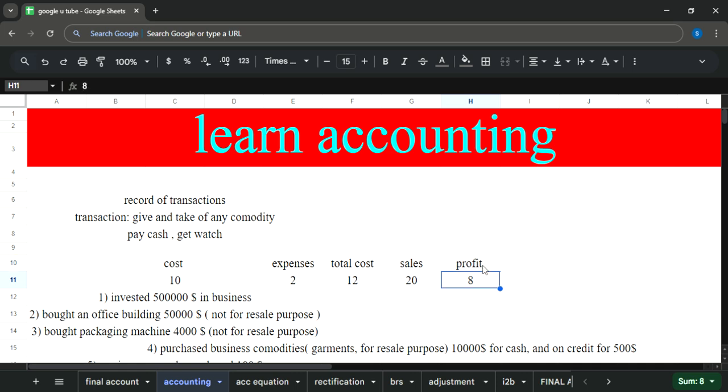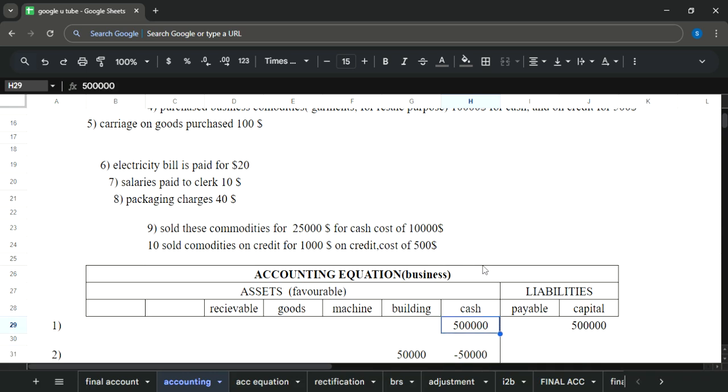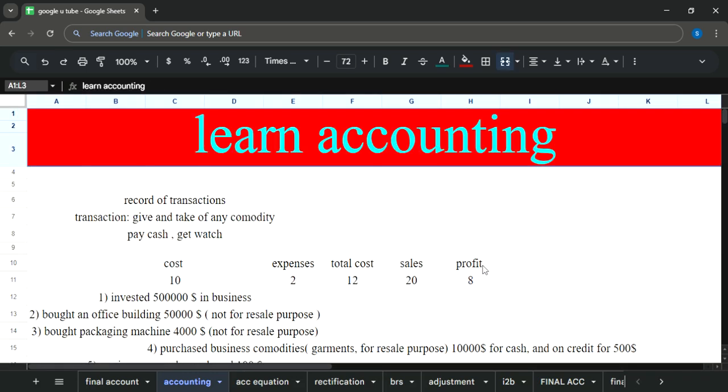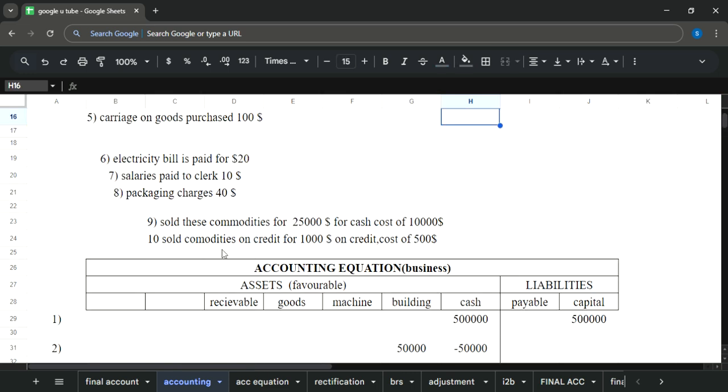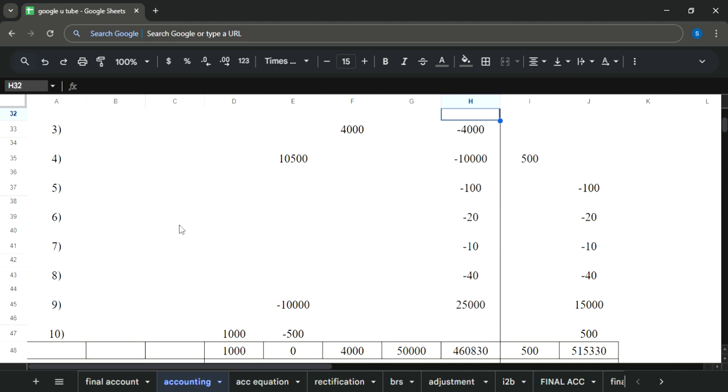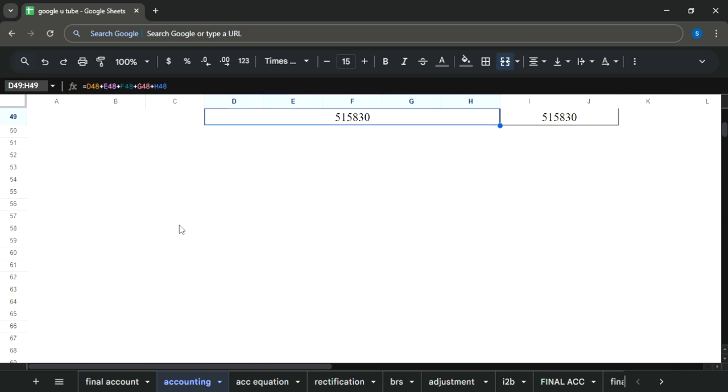And here there are some transactions we have supposed for this business, from 1 to 10 transactions. Today we are going to put all these transactions in to know how much profit we have made in this business. For that purpose, it's a very simple thing.